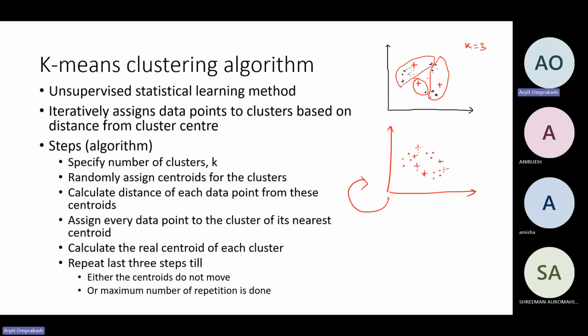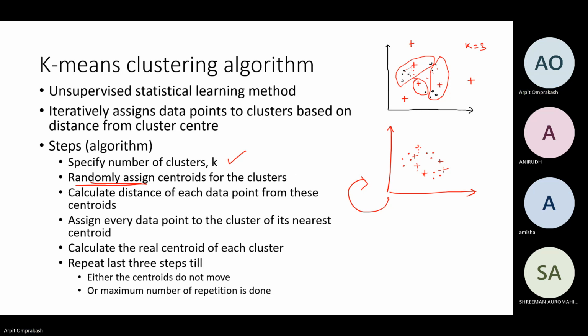For example, in this k-means algorithm, the first thing was to specify a number of clusters and then randomly assign centroids to each of the clusters. In this iteration, when we ran the model, we initially assigned the centroids here, but we could have assigned the centroids somewhere else also, let's say here, here, and here.